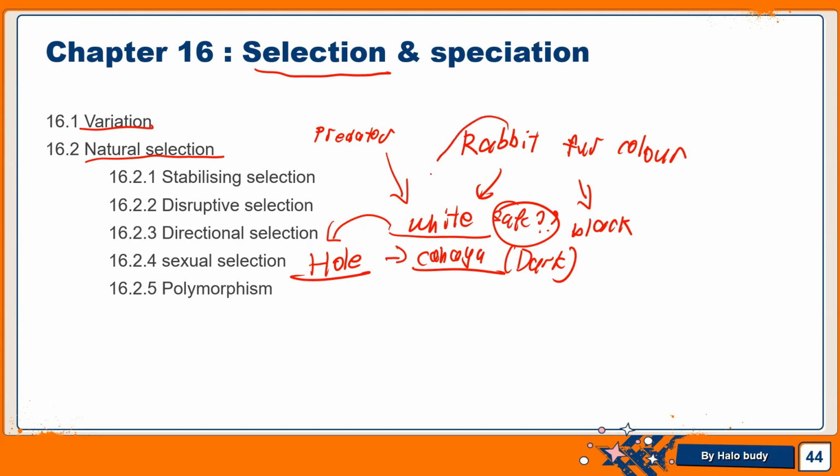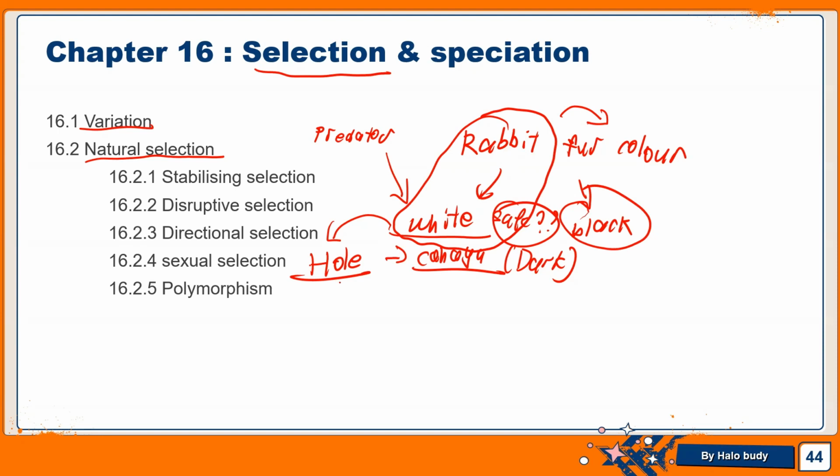So if the rabbit with this color is in that environment, in the future the environment will select the rabbit fur color to black. Only the black fur rabbit can more easily survive in the hole. A white rabbit cannot, right?